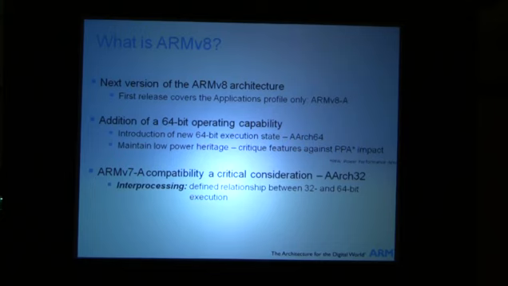Having said that, compatibility is a hugely important criterion. There are so many billion chips per year shipping now from ARM. It's an awful lot of software out there, and it can't all just switch overnight.